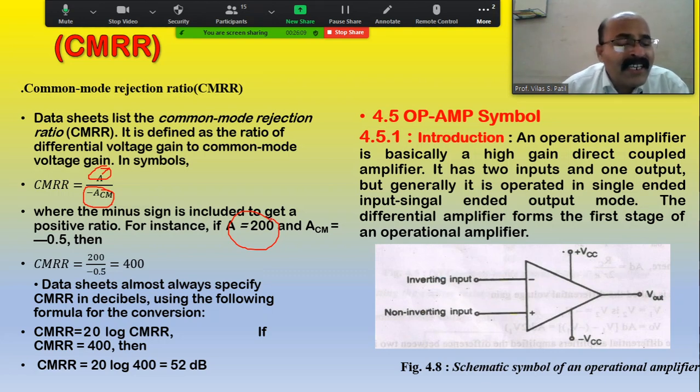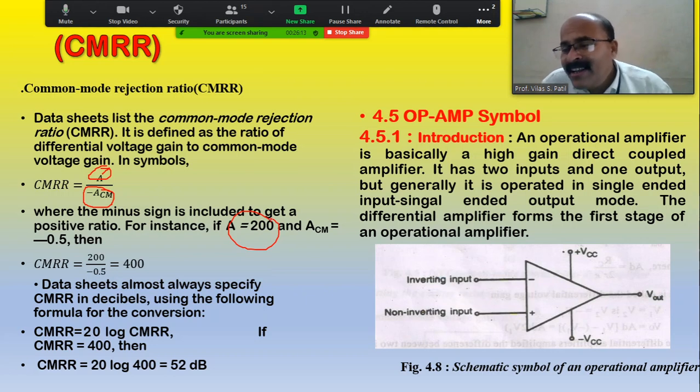Then common mode rejection ratio, that is the ratio of the differential gain to the common mode gain, is known as common mode rejection ratio, and it becomes 400. Means the common mode rejection ratio is very, very high in case of operational amplifier than that of the differential amplifier. And CMRR in dB is equal to 20 log of CMRR.